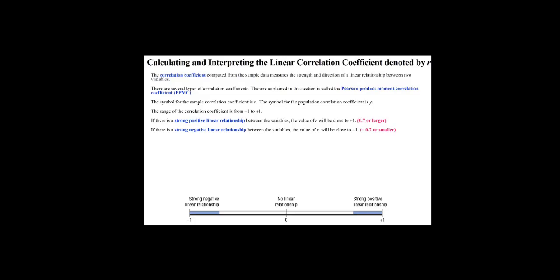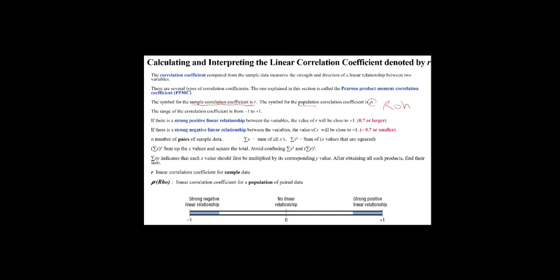If there is a strong positive relationship between the variables, the value of r will be close to +1, 0.7 or larger. If there is a strong negative linear relationship between the variables, the value of r will be close to -1, -0.7 or smaller. We use r for sample correlation, and for population, we use rho. These are just symbols.